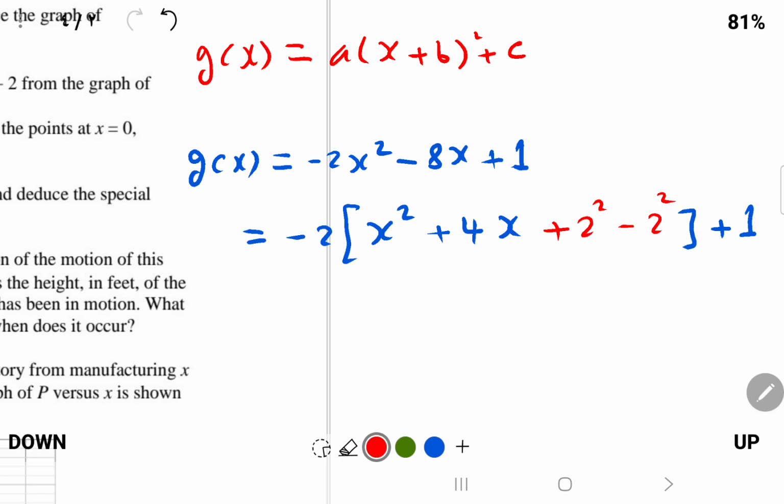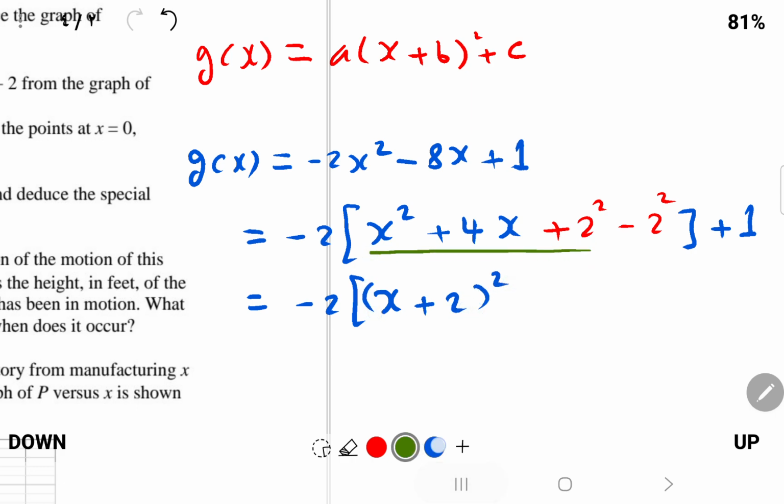This is called a perfect square. So now you have 2 multiplied by (x plus 2) squared. That's the first 3 terms here. And then minus 4, which is 2 squared, plus 1.